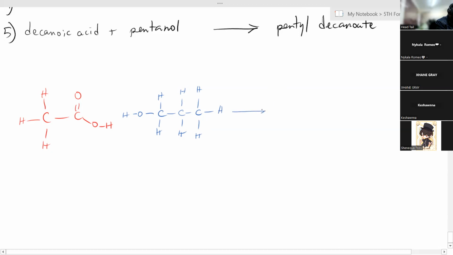And we are going to produce... What happens in this reaction is that the hydrogen from the alcohol and the OH from the acid link together to form water. That's why we call it a condensation reaction, because water is produced.